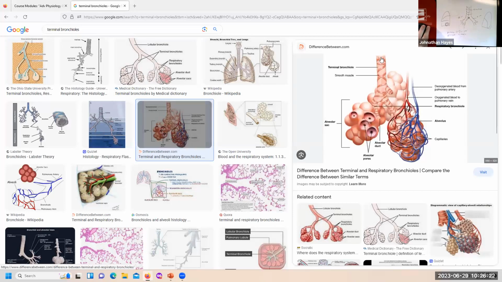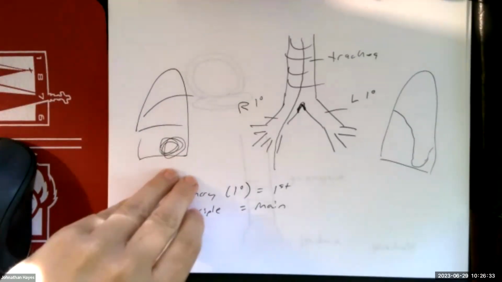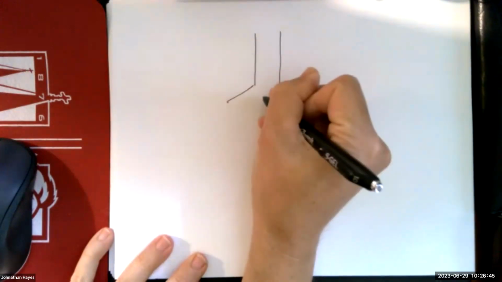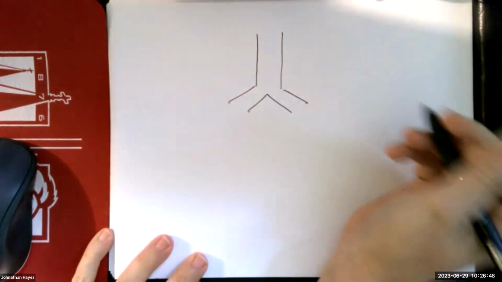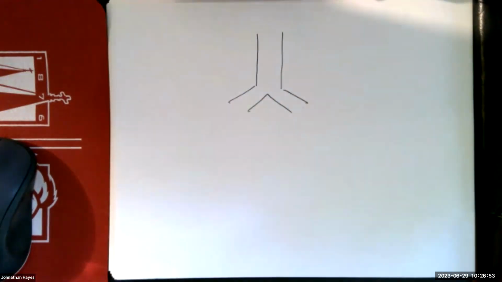And while the bronchial tree was branching down, at the same time, your pulmonary vessels were branching down, right? So as your, and this is going to be a very rough drawing, and we'll go back and talk about where the trachea branches in just a second. But let's say this is our trachea coming down, and here's our right and left principal bronchi. At the same time that this is happening, let me just get a pencil.